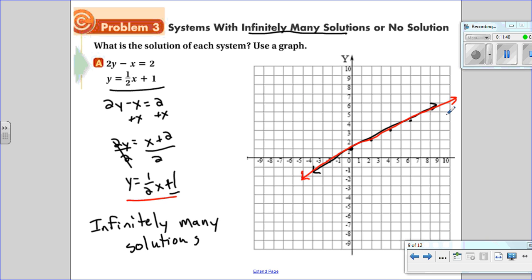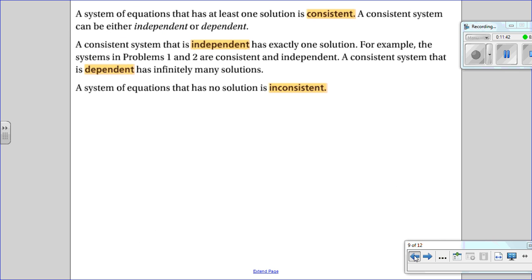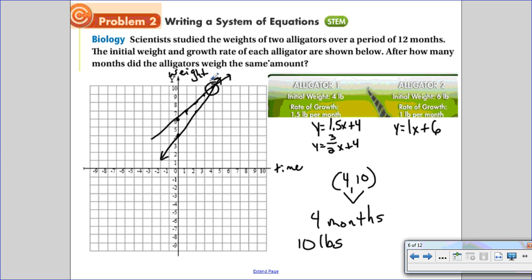Same line, many solutions. And if they only intersect in one spot, that ordered pair in which they intersect at is your one solution. That is what this section's all about, a lot of graphing, and then just knowing the difference between the three.